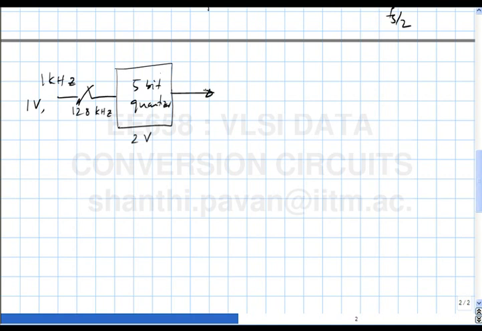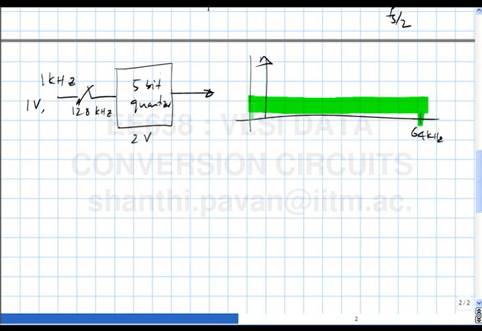So if I look at the output, the spectrum will be what? It will be the 1 kilohertz sine wave here, up to 64 kilohertz. This is Fs by 2, and quantization noise will be like this. So what is the mean square value of this quantization noise in relation to the signal power?